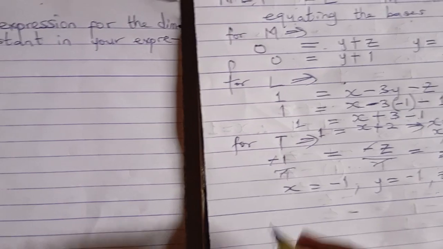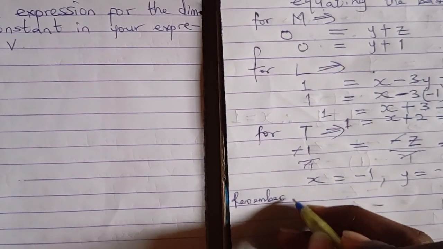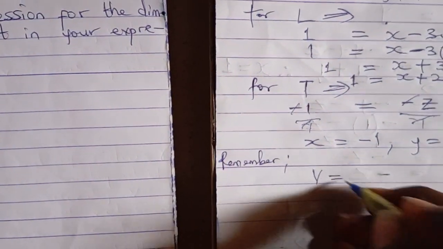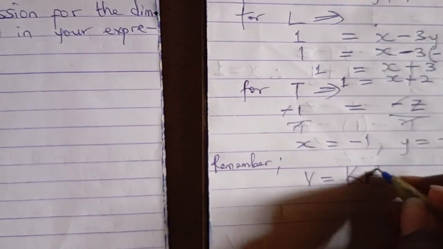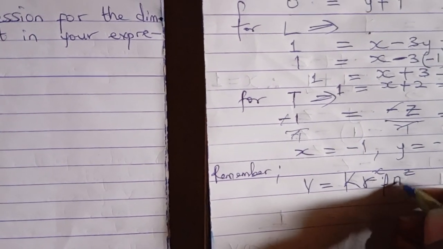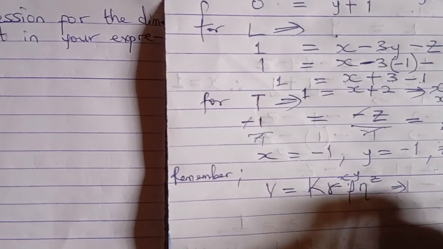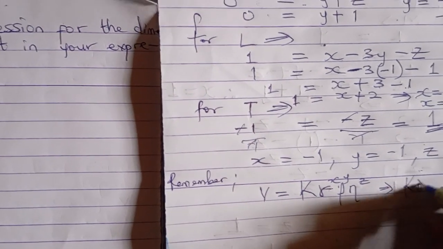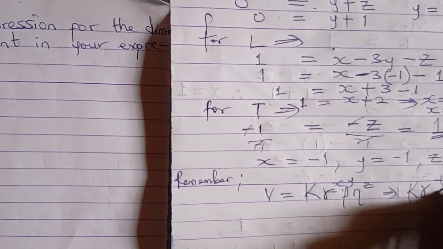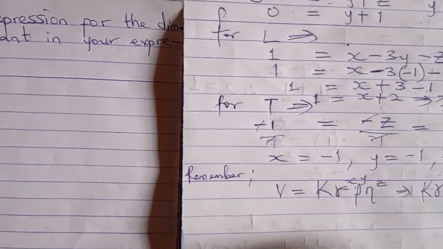So let's go back. Remember that v is equal to k r^x p^y η^z. When we substitute this, it is the same thing as saying k r^-1 p^-1 η^1.